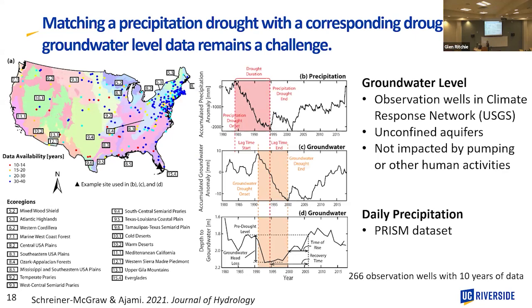In the first graph, you'll see that we computed accumulated precipitation anomalies, which basically computes the deviation of monthly precipitation from the monthly mean. So when you have more negative values, it means that we are during the droughts, we have the precipitation deficit. We did the same thing with the groundwater time series as well, and then tried to identify the drought periods.